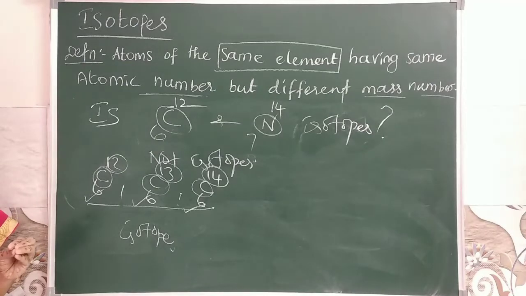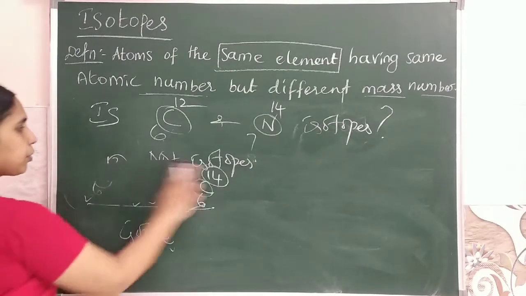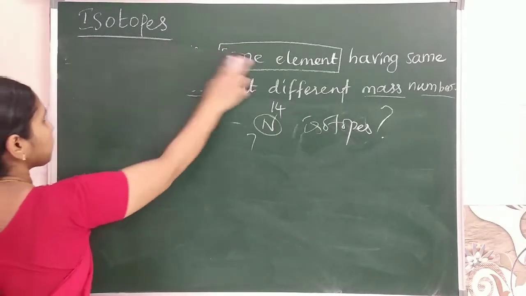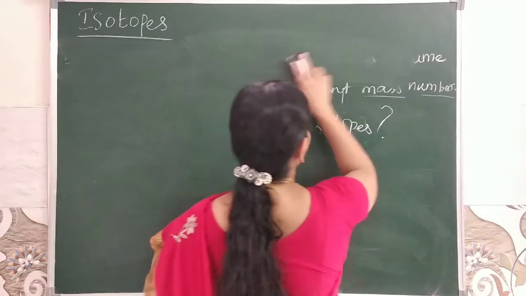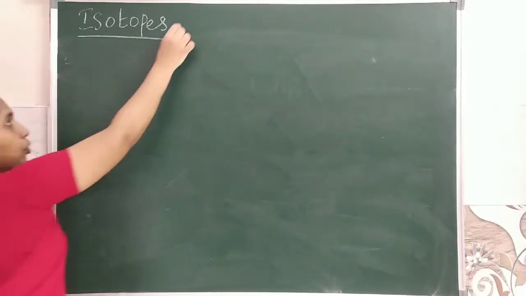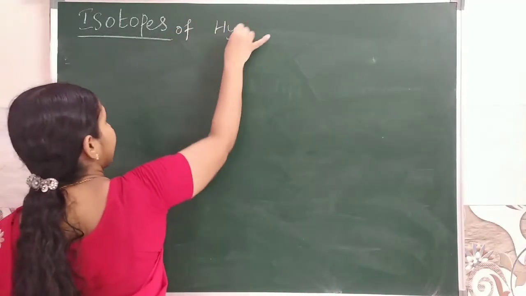Atomic number is the number of protons or electrons, and mass number is the number of protons plus neutrons. Now which lesson are we going to study? Hydrogen. What are the isotopes of hydrogen? Hydrogen exists in 3 isotopes.